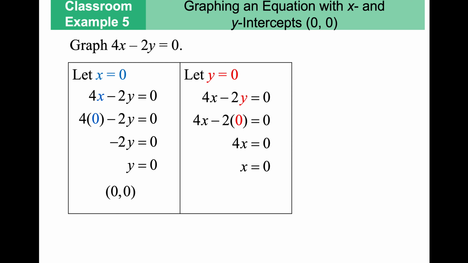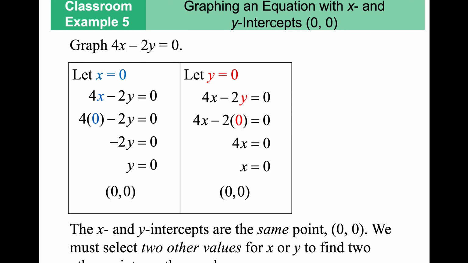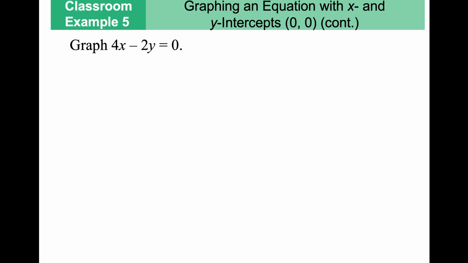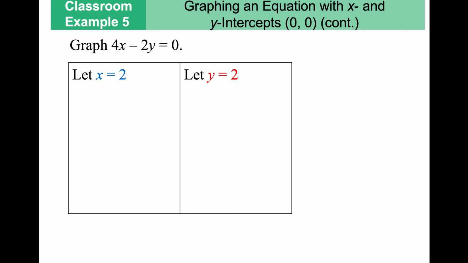If I plug in 0 for y, I get x equals 0. I'm at the origin. But notice you don't have to actually solve anything to find x or y here. So that's why this form, standard form, is so very useful, because it does a great job of finding the x-intercepts. Now when you start plugging in other values, you have to do a little solving.